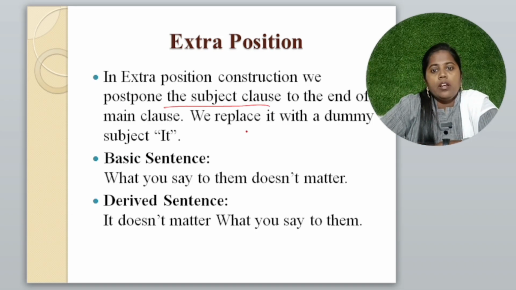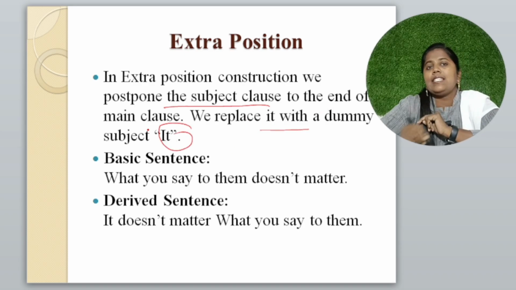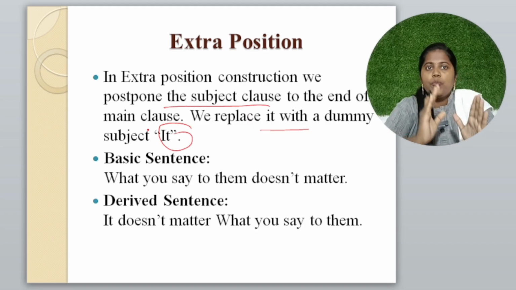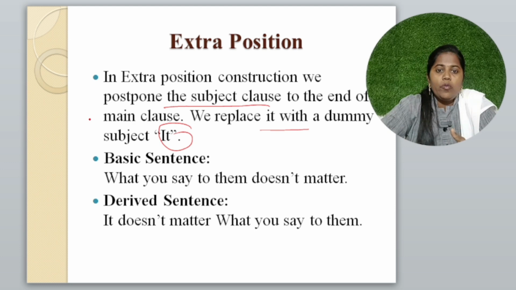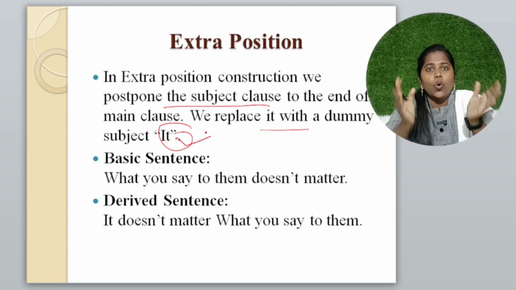And one more thing is important: to the end of the main clause, we replace it with a dummy subject, and that is it. Means while we are postponing that subject clause, we need to write something there. So what are we going to write? It, and that will be the dummy subject for the whole clause.